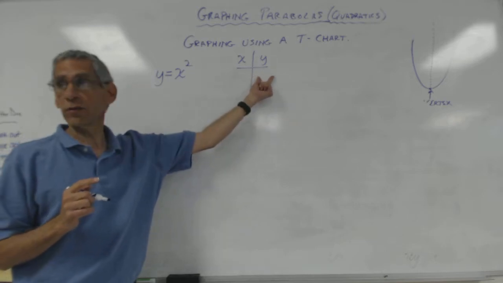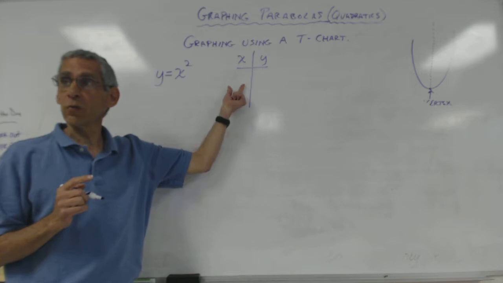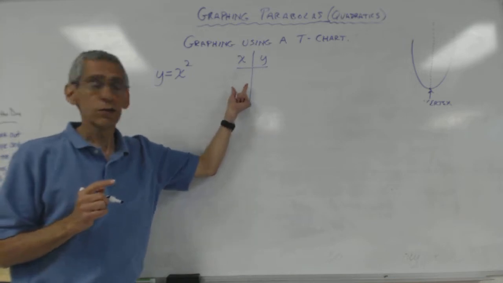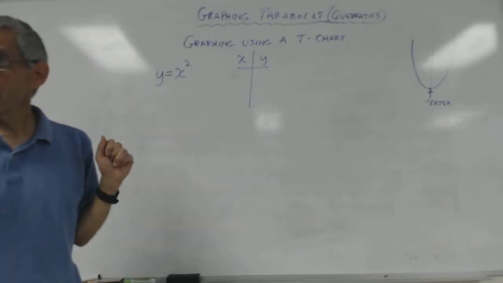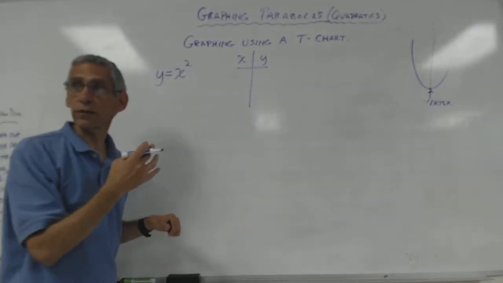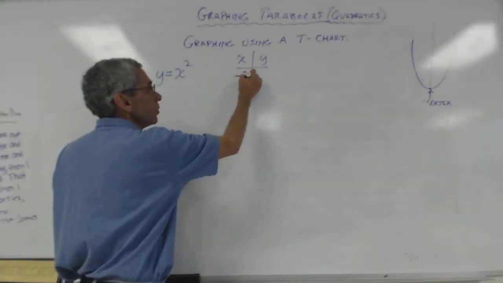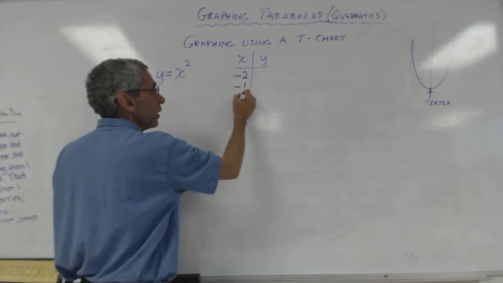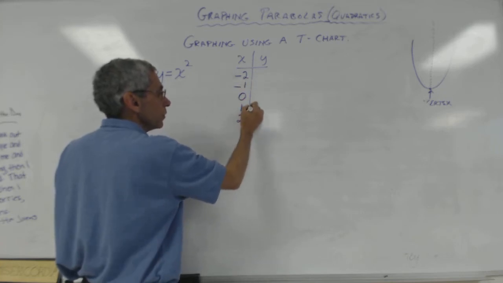Our y's are called dependent variables, because our y is dependent on what we choose for x. Instead of choosing 3 points, we are actually going to choose 5 points. The first point is -2. Next is -1, 0, 1, and 2.